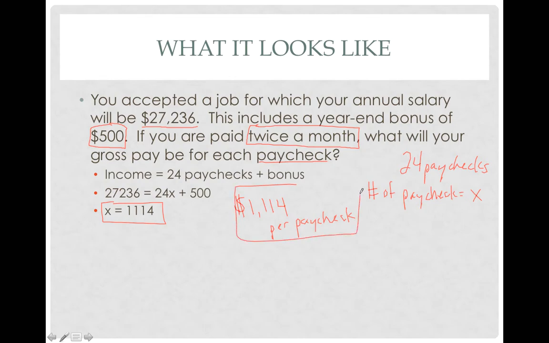If you're dealing with word problems, do kind of what I just did here. First of all, I labeled a variable. You have to tell me what your variable represents, or I don't know what you're talking about. And then I answered my question in such a way that I know what my answer means. It means $1,114 per paycheck.